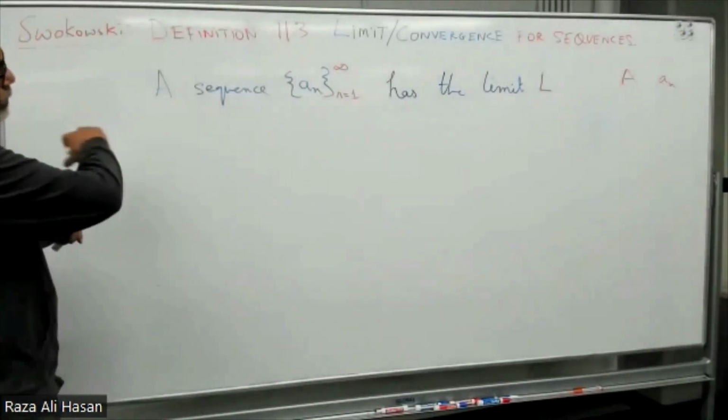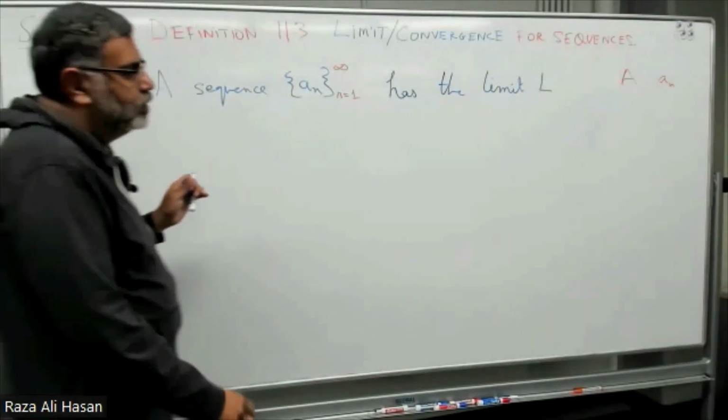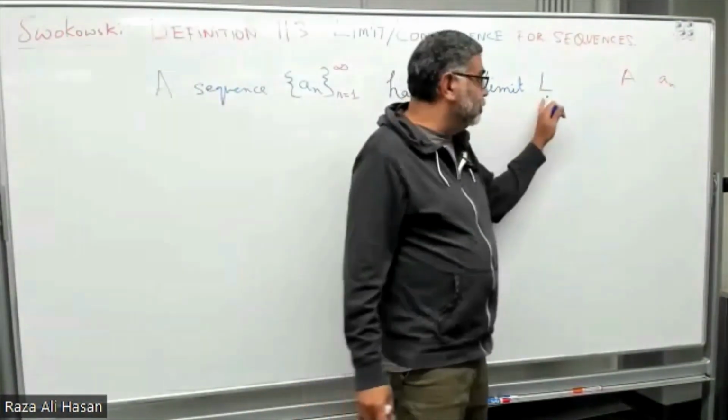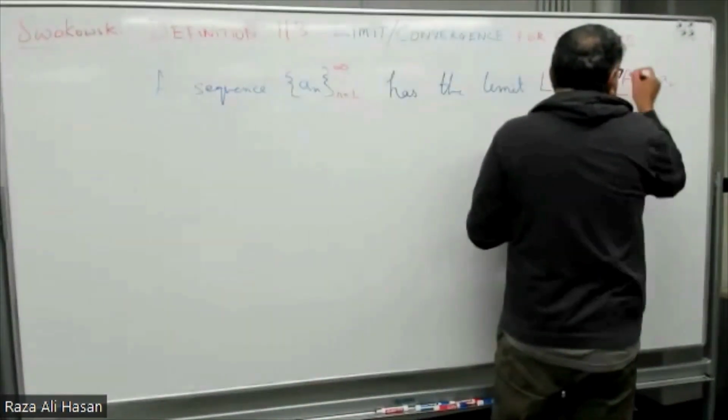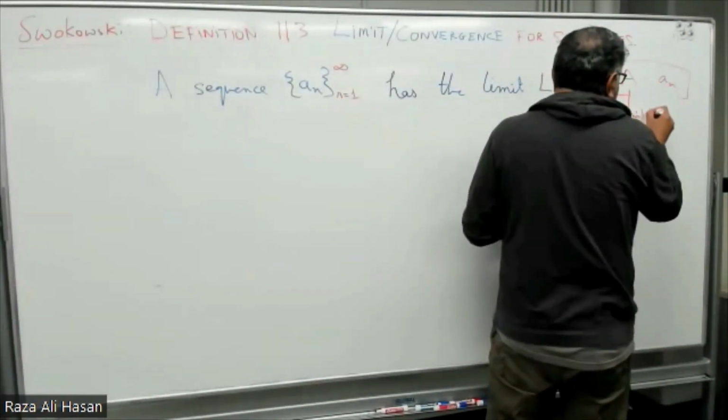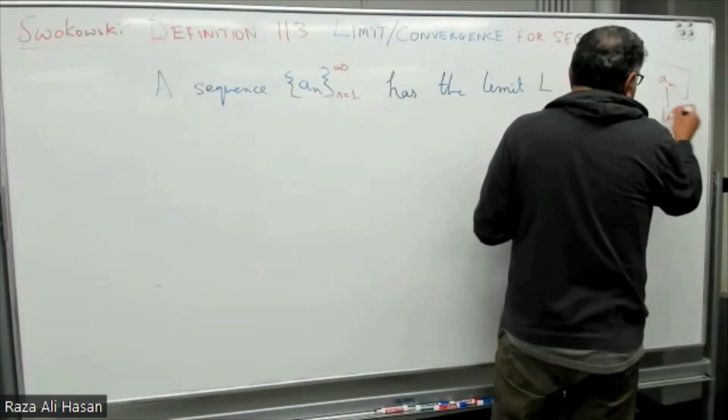They did that because it's an undergraduate textbook and they didn't want to introduce another symbol, but this is better. So this is our limit and this is our term.